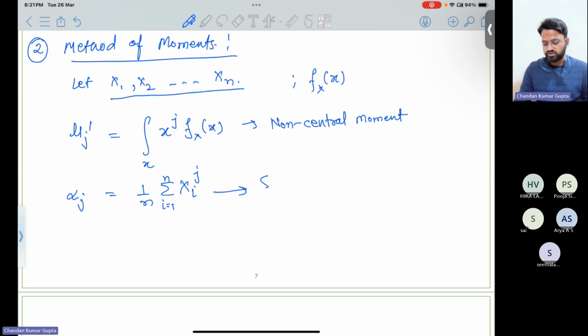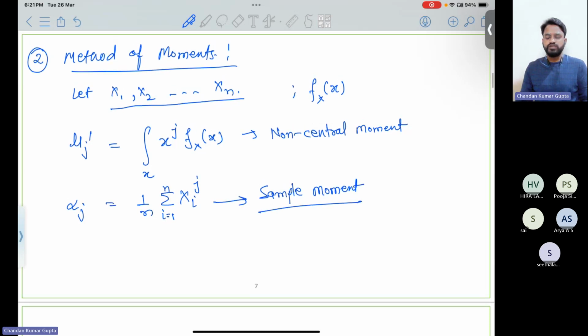This is called the sample moment. In method of moments, we equate these two and solve for the estimated value of the parameter. If there is one parameter, we consider one sample moment, for two parameters we consider two, and so on.